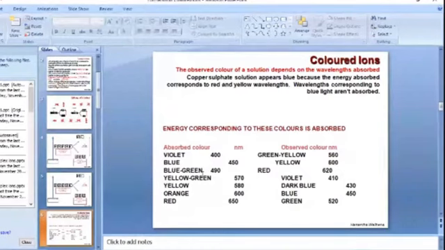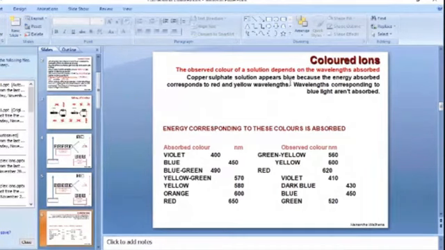That energy excitation is associated with a particular wavelength that will give us the color that we will observe when that transition occurs. So the observed color of a solution depends on the wavelengths absorbed.